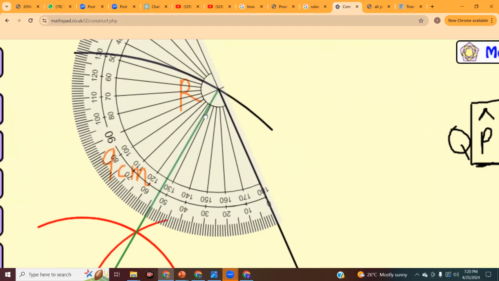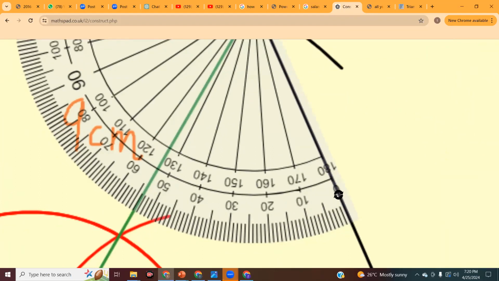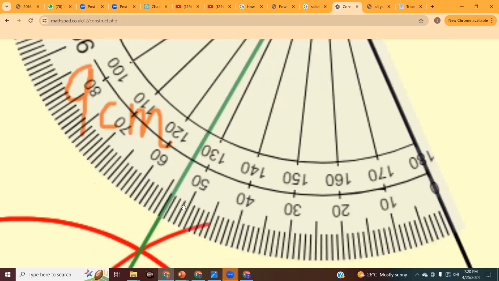Notice carefully, this is going to be 0, 10, 20, 30, 40, 50, 51, 52, 53, 54. So this is on 54. Let's do it again. 50, 51, 52, 53, 54.